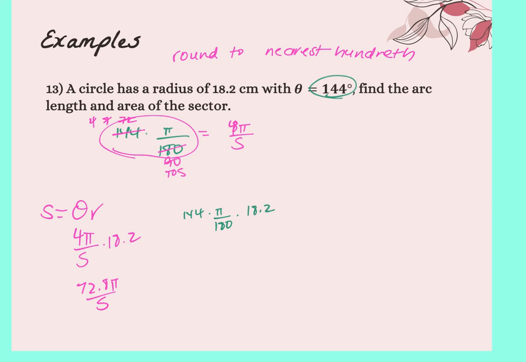You can multiply that all out in the calculator. So 144 times pi, divide that by 180, multiply it times 18.2. And I get 45.74, and the units would be centimeters. So I'd get the same thing by doing 72.8 times pi divided by 5.